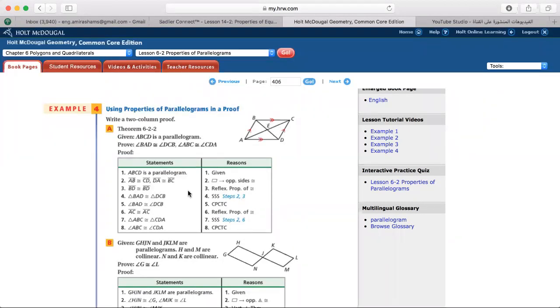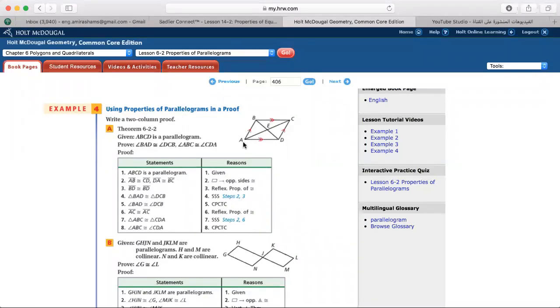So I have statements here. ABCD is a parallelogram, it is given. So AB is congruent to CD and DA is congruent to BC. Opposite sides. Then the statement BD is congruent to BD. BD is a common side between both. Triangle BAD is congruent to triangle DCB.